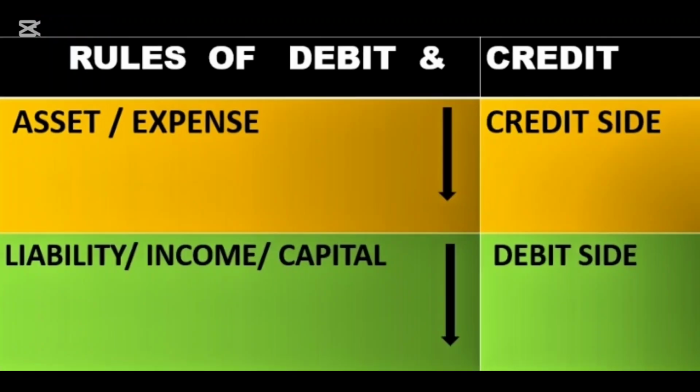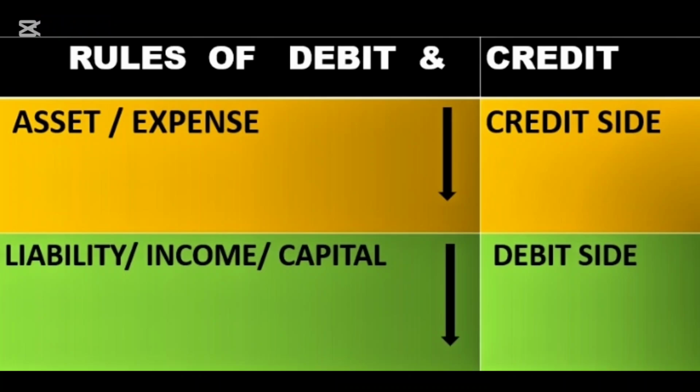But when the assets decrease and expenses decrease, they go on to the credit side. And when your liabilities, income and capital decrease, they will move on to the debit side.